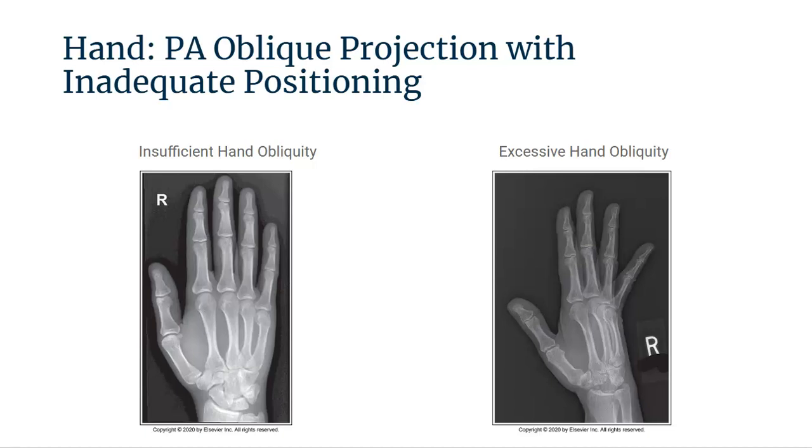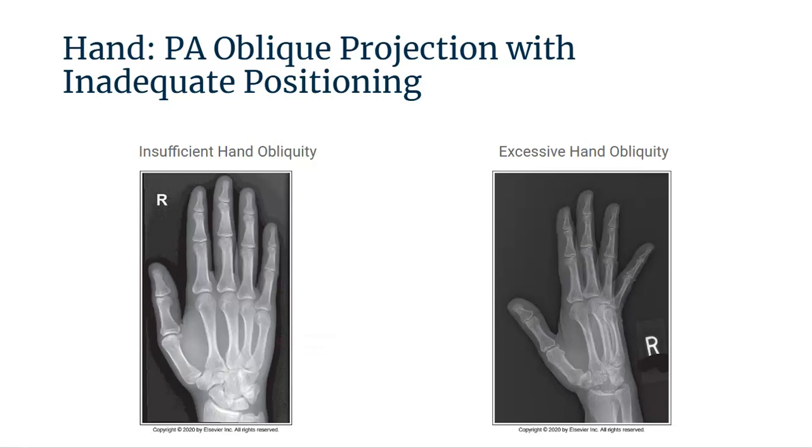So let's take a look at the effects of insufficient hand obliquity and excessive hand obliquity. Insufficient hand obliquity occurs when the hand is rotated less than the required 45 degrees. In this case, the metacarpal relationships begin to resemble those seen on a PA hand projection.